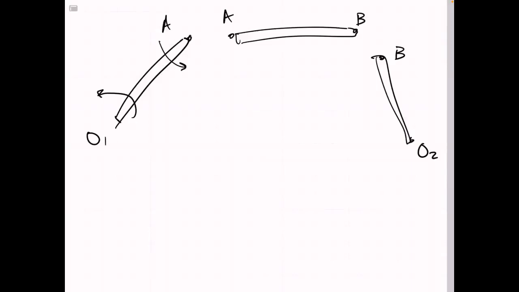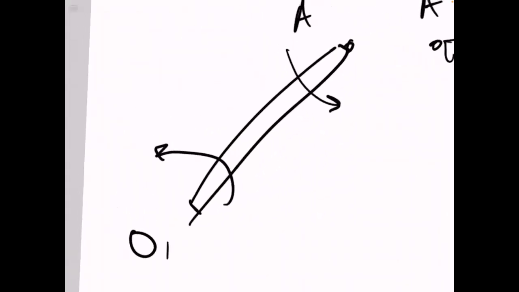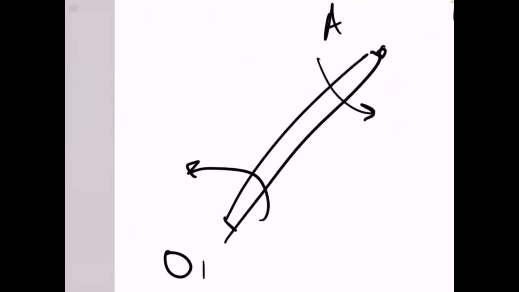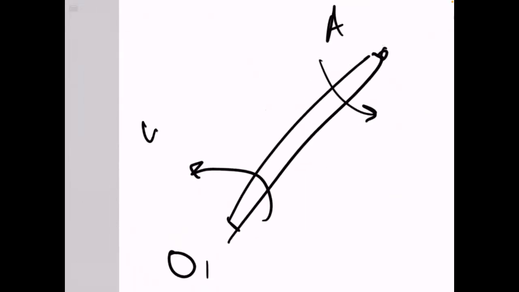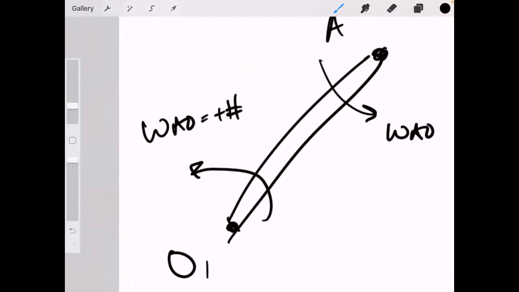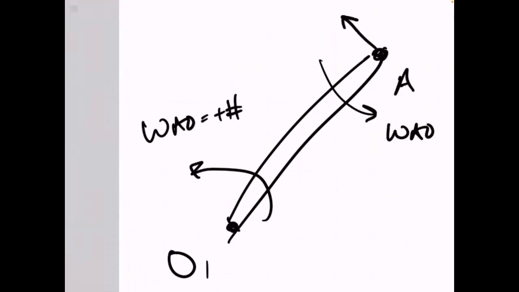If we were to analyze the rotation of these in space all by themselves, so not taking into account that other segment, we might think of A with respect to O, that velocity. If this is a positive number, then the velocity would be coming up in this direction. This is the velocity of A with respect to O, because we're treating O as if it's fixed in space.